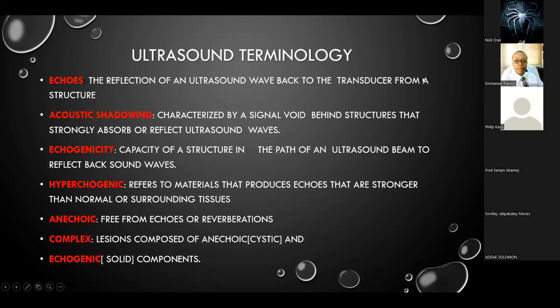The reflection of the ultrasound waves back to the transducer from a structure is what we refer to as echoes. Acoustic shadowing is what I've just explained: if the structure or organ that the waves hit absorbs all of it or reflects all of it, then no sound waves will pass through it, and so the space behind it will look blank or dark.